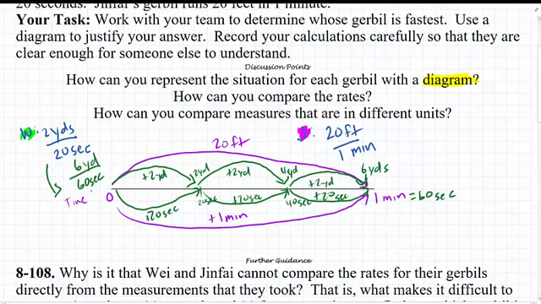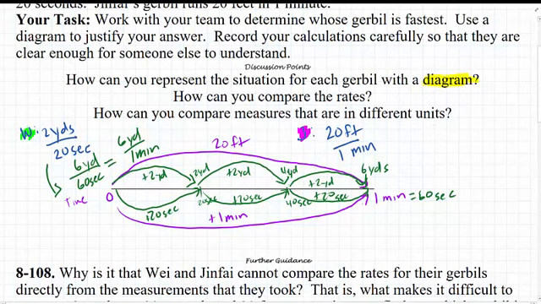So we're at the same time now. We could say it's 6 yards in 60 seconds or 6 yards in 1 minute. Okay, so now we have the same time. As far as time, the units are now the same.